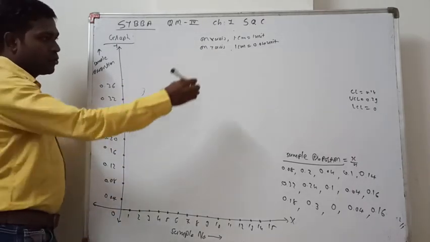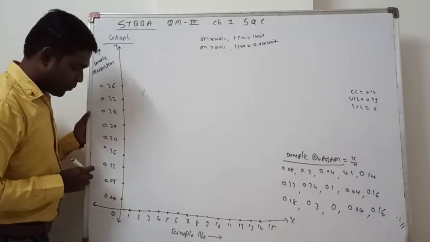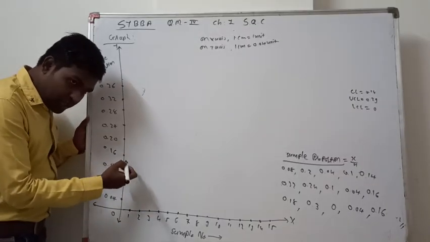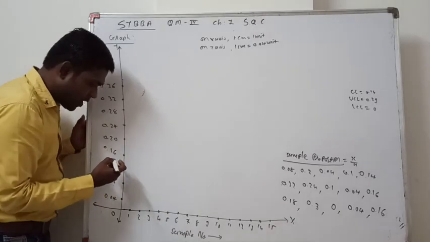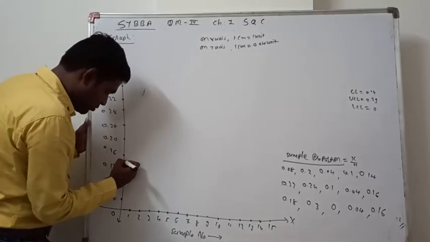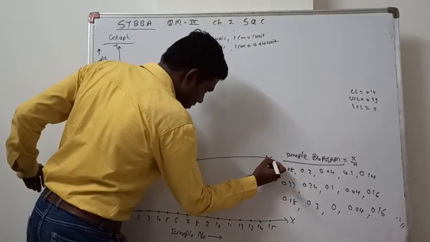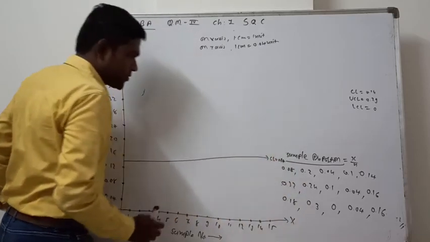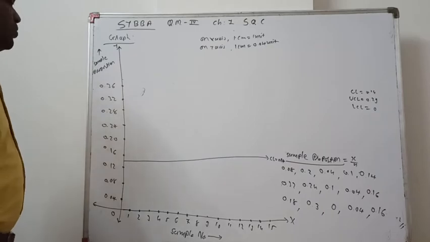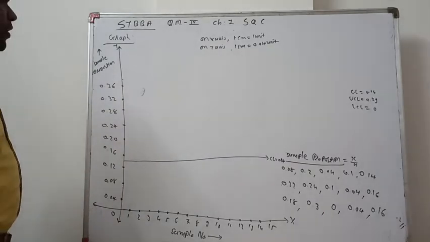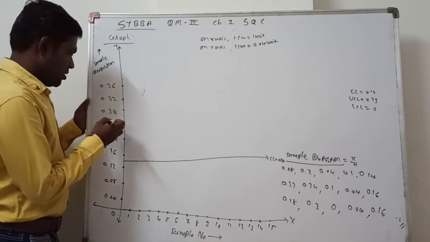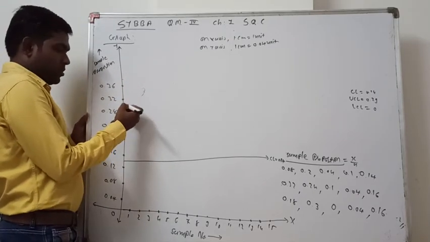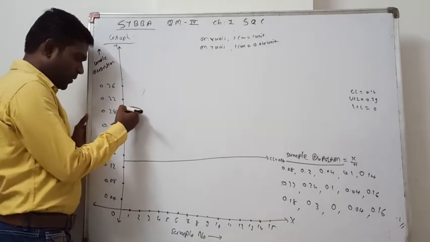Now first we have to draw the central line, that is 0.14. 0.14 means between 0.12 and 0.16. Between these two there is one dark line, that we take as 0.14. So you have to draw the central line 0.14 over here. Next UCL. Now UCL is equal to 0.29, right? 0.29 means above 0.28.